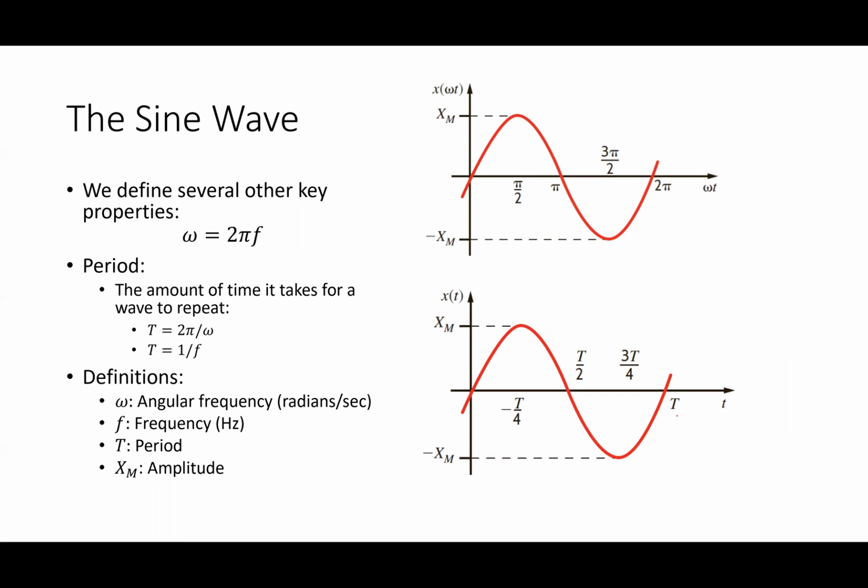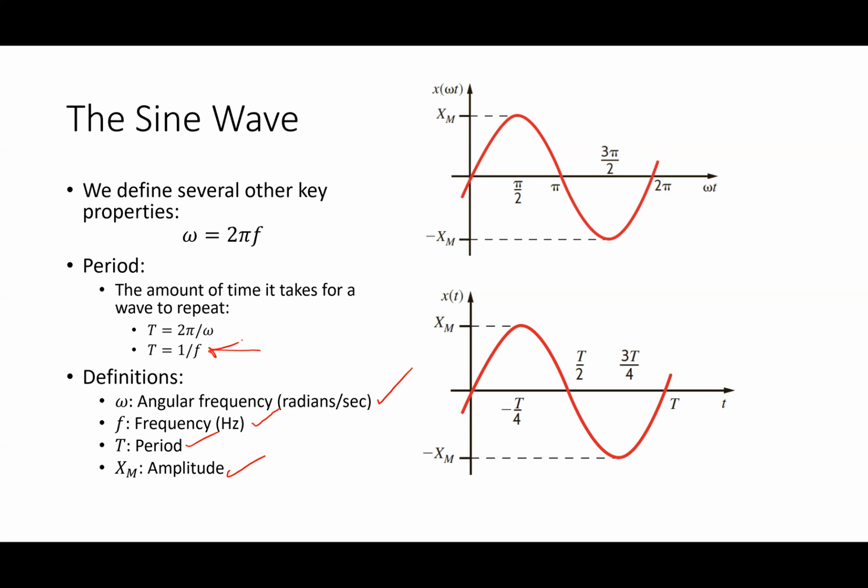So we define a couple of important things here. All right, the other thing is that we talk about the angular frequency, the period, the amplitude, and then we also talk about the frequency in hertz, or units of 1 over seconds. All right, by definition, the period and the frequency are inverses. So the period is 1 over the frequency.